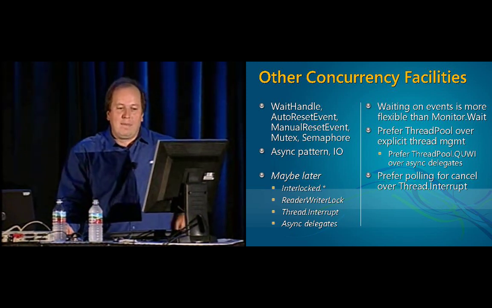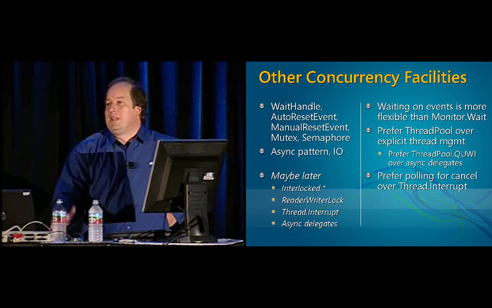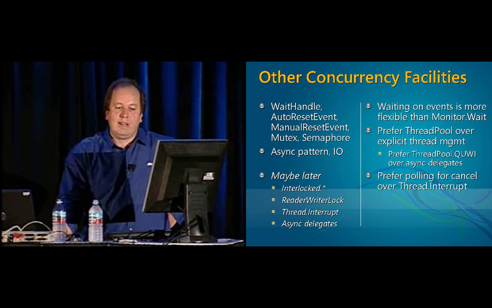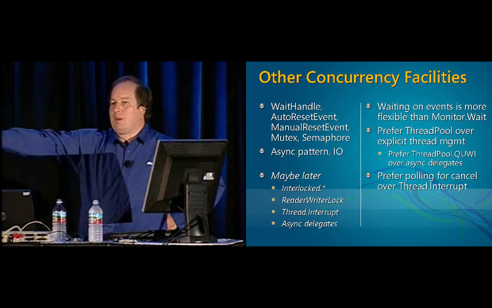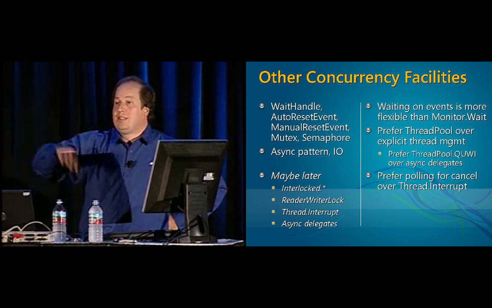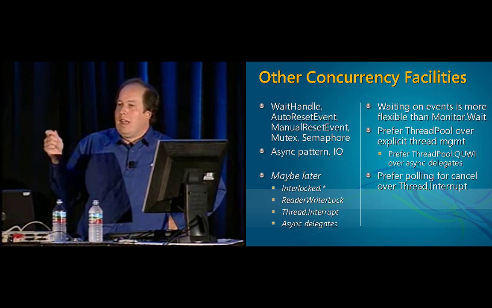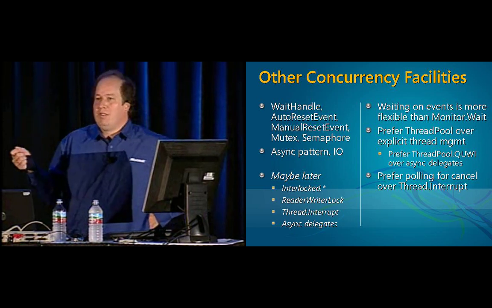So as I was saying before, we'd prefer to use the thread pool over explicit thread management, because over time the thread pool will just get better and better at adaptively running your work. And as we saw in the first example, rather than using Thread.Interrupt to cancel the work that's going on in another thread, it's simpler and safer to set a flag like cancel pending and have the work thread pick up that fact and leave in an orderly fashion.